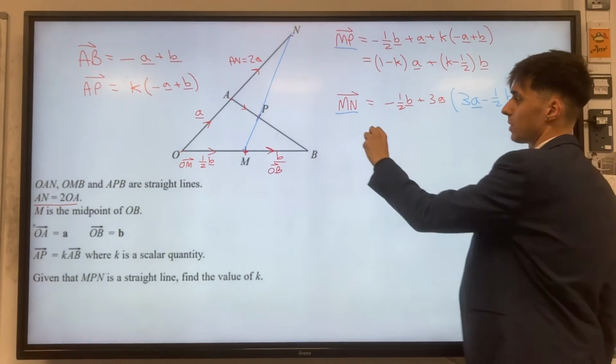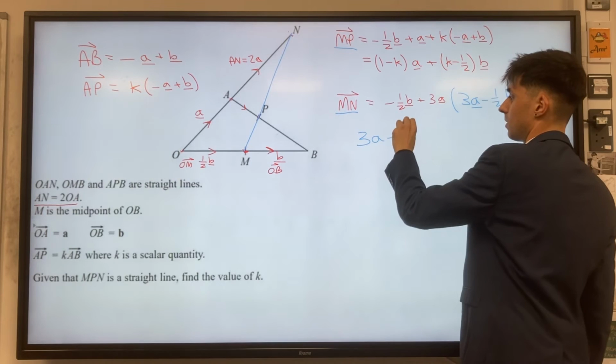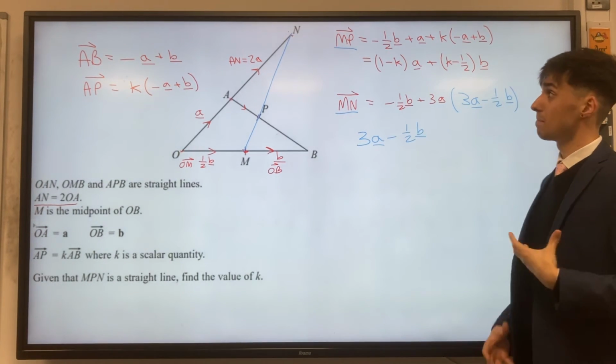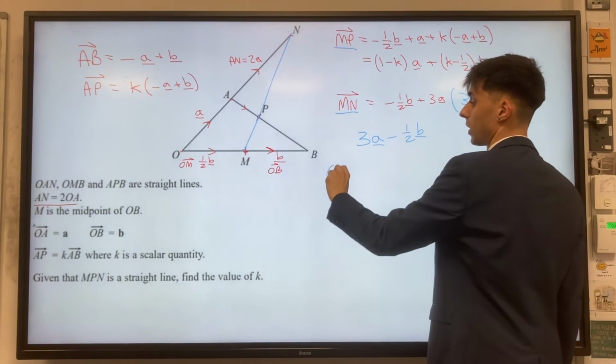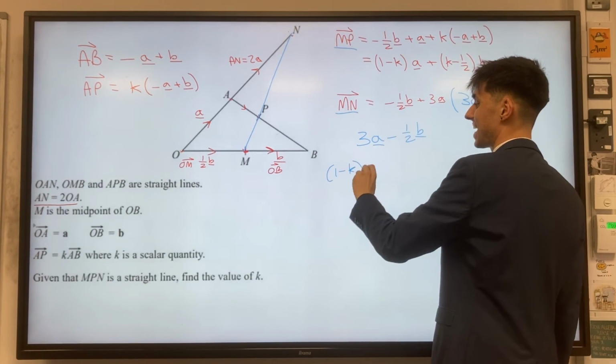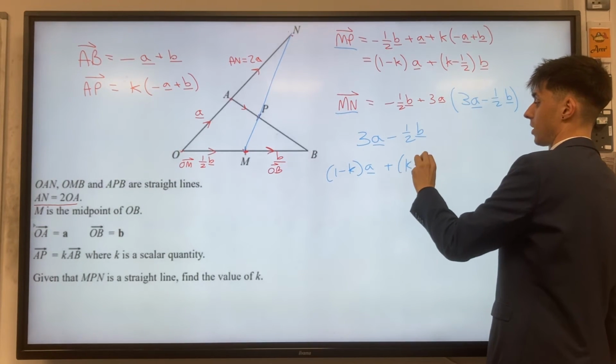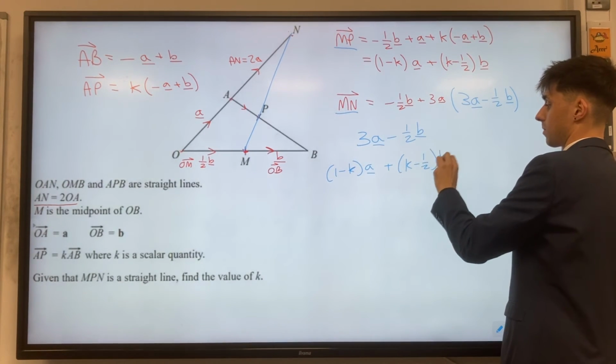What we're saying is that if we take 3A minus a half B and we multiply it by some number, well then we'd get our (1 minus K)A plus (K minus a half)B.